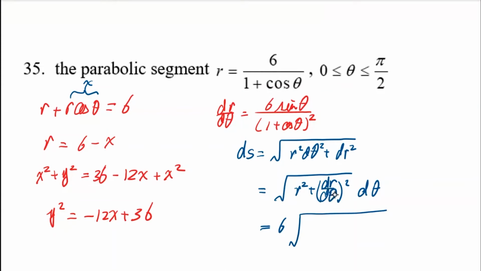Then we'll have 1 over, this is a calculator problem, isn't it? Plus that thing squared, so we have sine squared theta over 1 plus cosine theta quantity squared, and then d theta. How's that?